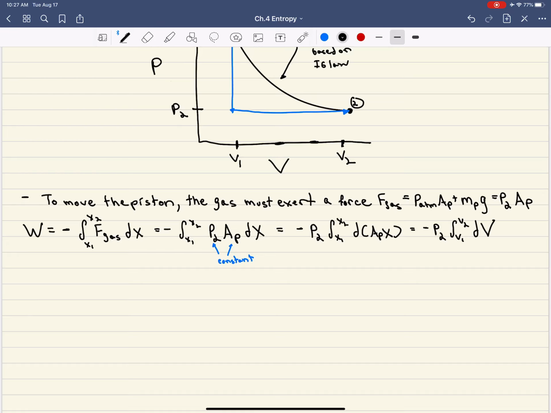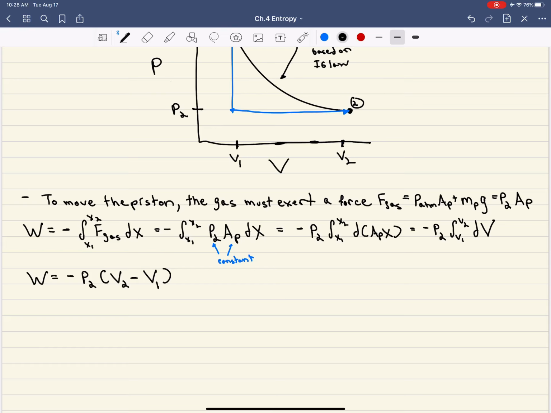If we go through that integral, now it's just pressure times V2 minus V1. You can see this is different than the results we got when the expansion was very slow and the pressure could be described by the ideal gas law. We'll revisit that case later on.